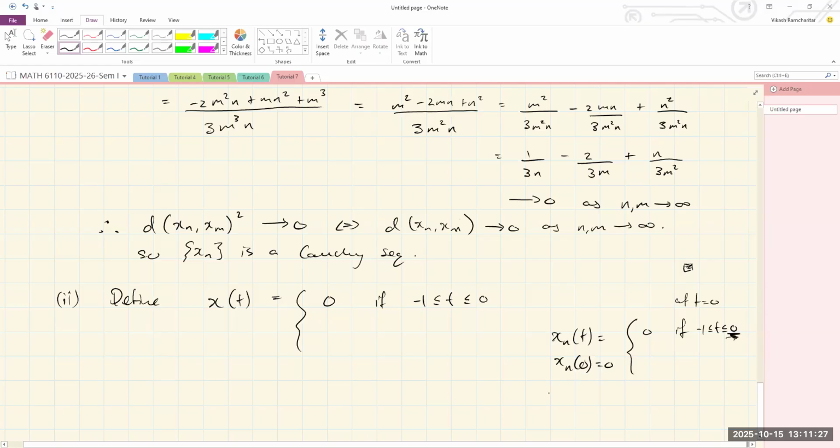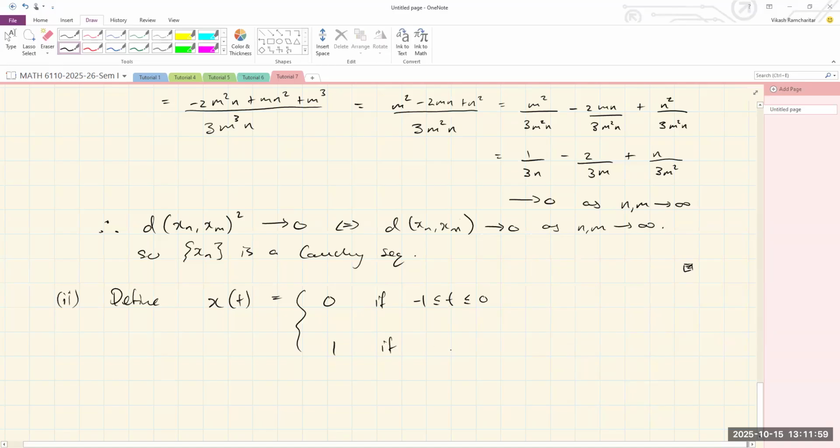Therefore, if we do have a limit function, which I'm trying to come up with, this limit function x at 0 will be 0 as well. That's why I include the equal part here. Ideally that doesn't really matter because it's going to have a jump there anyway, but we just want to know, if it's jumping at 0, what is the value at 0?